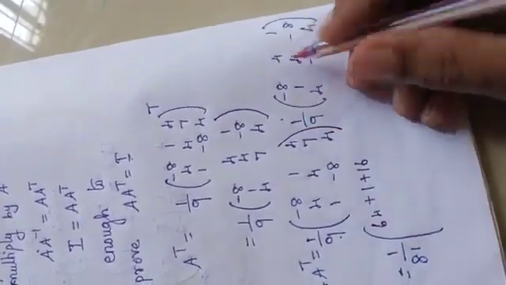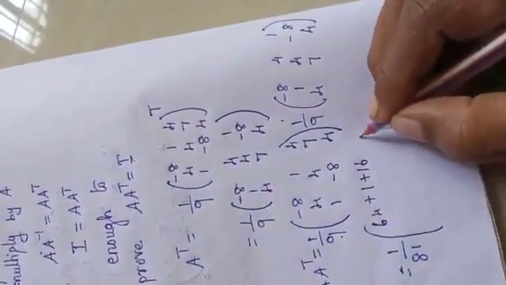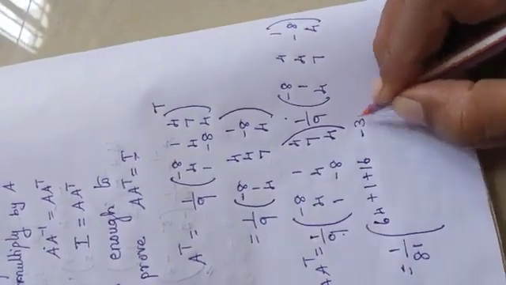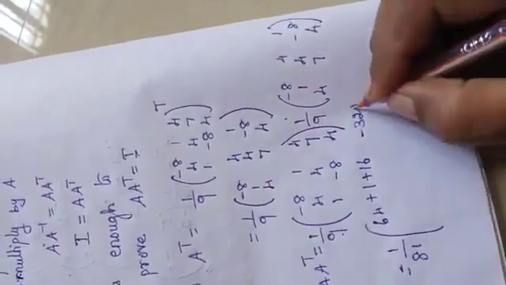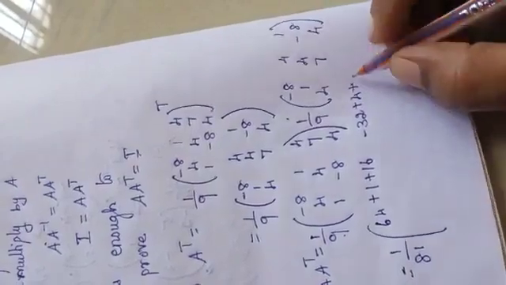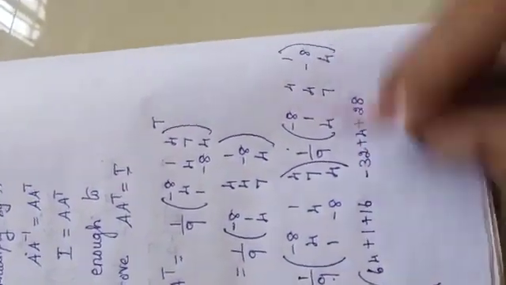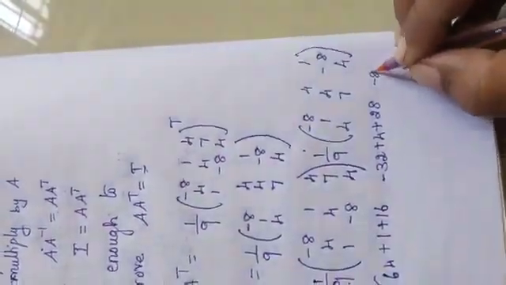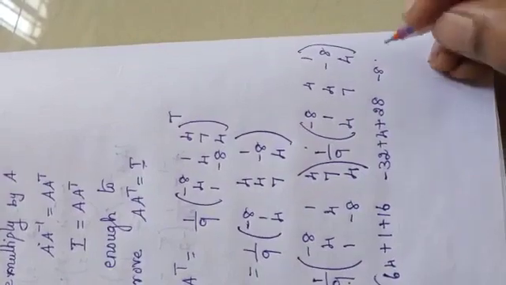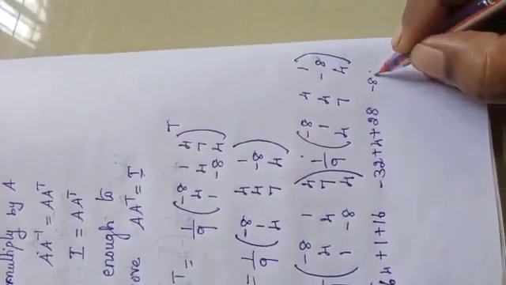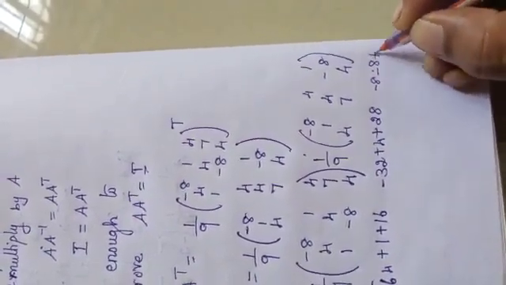Now first row, second column. Minus 8 into 4, minus 32, plus 4, plus 4 into 7 is 28. And one more, last column: minus 8, 1 into minus 8 is minus 8, plus 4 into 4 is 16.